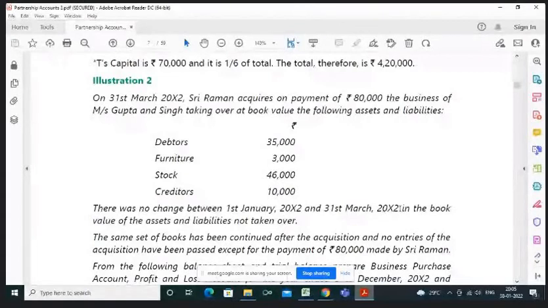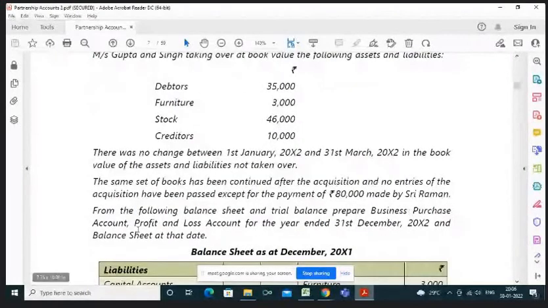The same has been continued after the acquisition. Entry of the acquisition cost except for the payment of 80,000 made by Sri Raman. From the following balance sheet and trial balance, prepare business purchase account, profit and loss account for the year ended 31st December 2012 and balance sheet at that date.